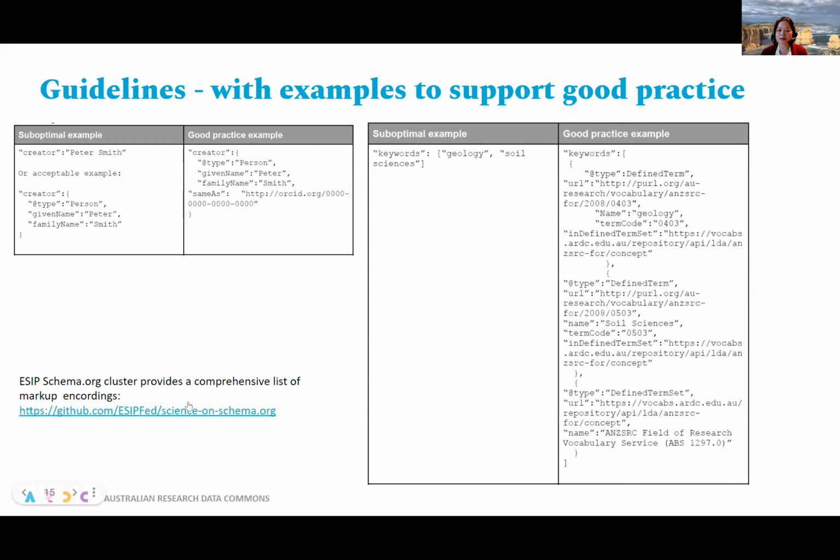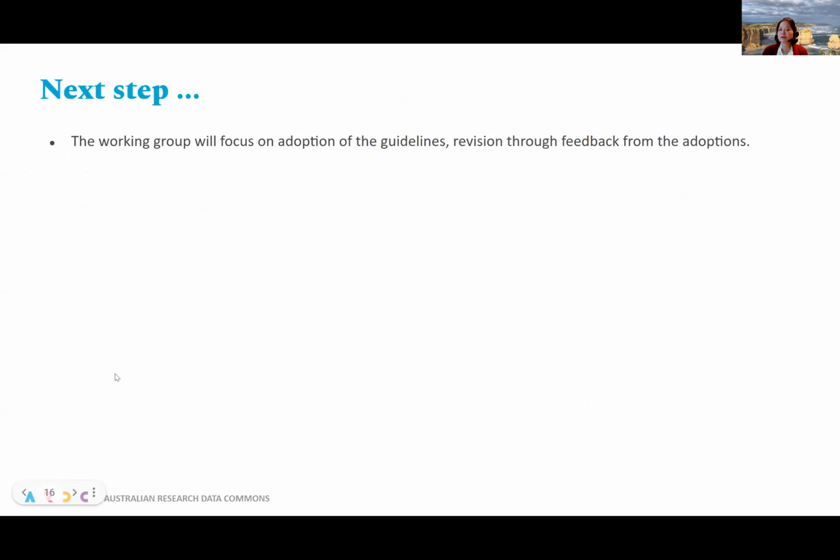But for a more comprehensive list of markup encodings, we recommend that repositories follow the ECIP guideline. The guidelines we developed have been endorsed by the RDA Council. So next, we focus on the adoption of the guideline, test it with data repositories, and then revise and improve the guideline.